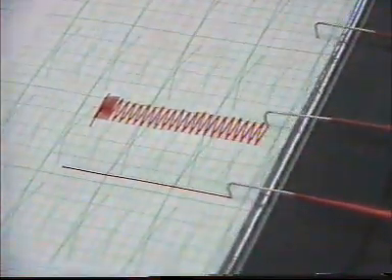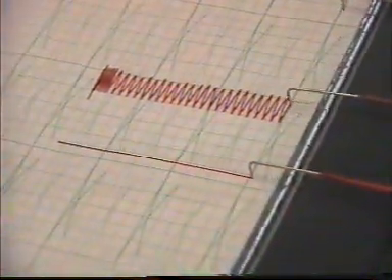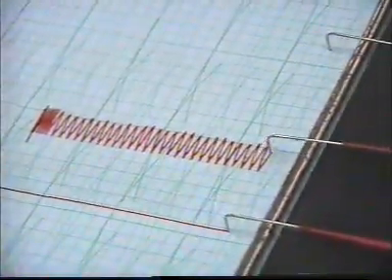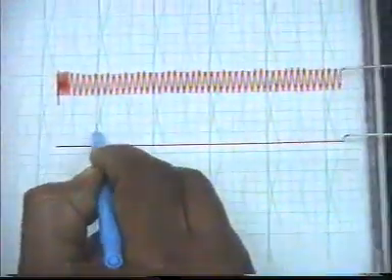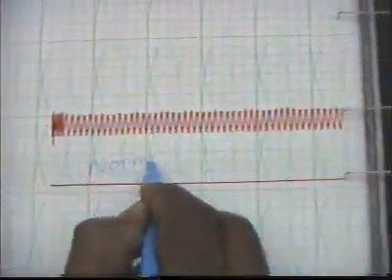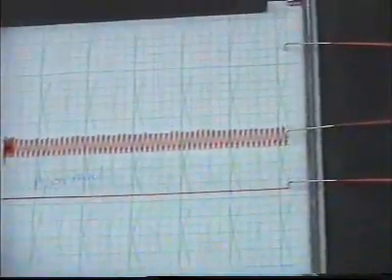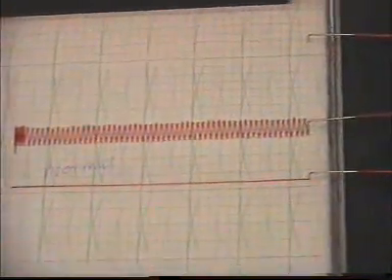Recording the normal heartbeat at room temperature. Then we start to see the effect of temperature on heartbeat.